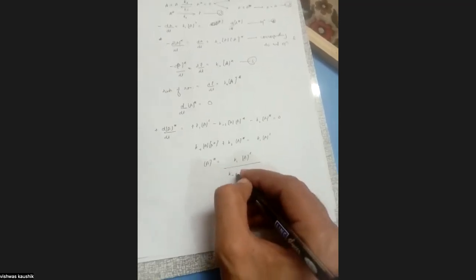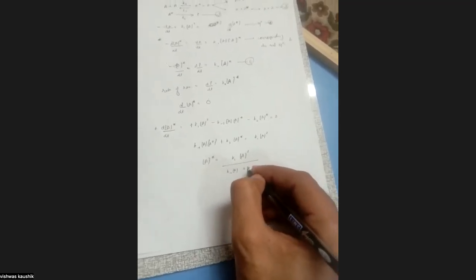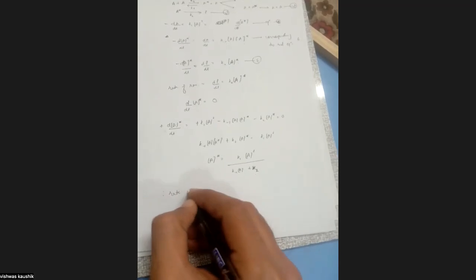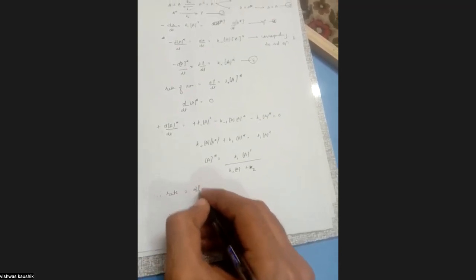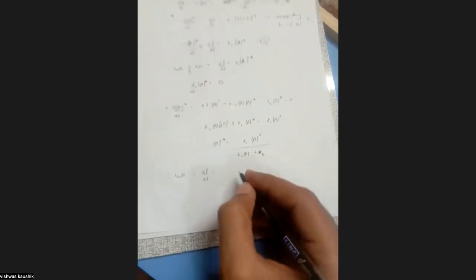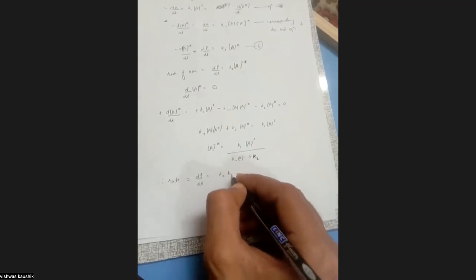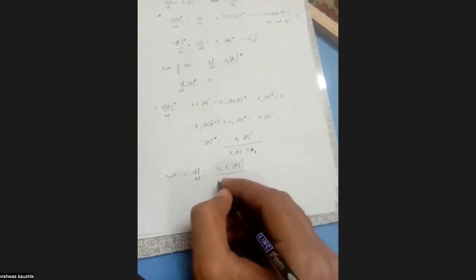So therefore rate will be equal to dp over dt is equal to K2 K1 A square upon K minus 1 A plus K2.